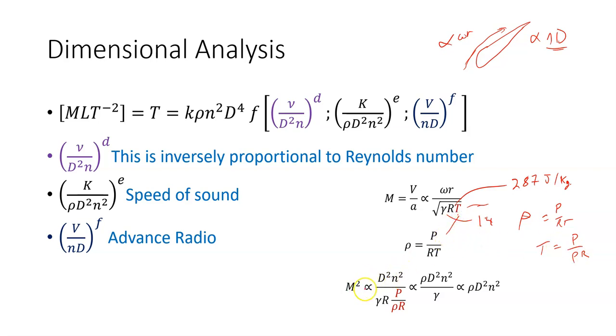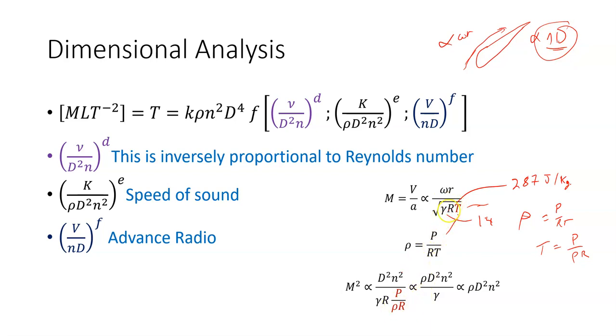So now my Mach number is proportional to, well, omega R is basically, sorry, I'll start again. I want to get rid of the square root, so I'm going to square both sides. Okay, so the Mach number squared is equal to omega R squared, which is really proportional to n squared d squared. Saw that from here.